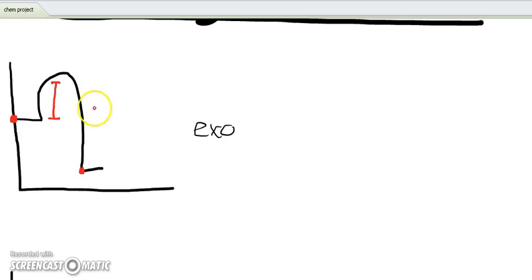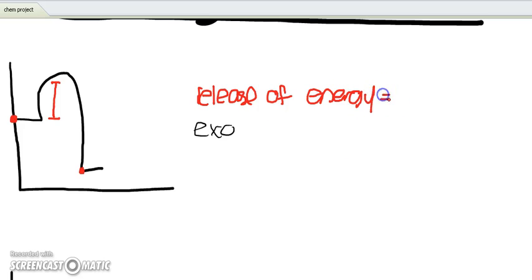Since this is a release of energy, it's going to be exothermic. So in an exothermic graph, the ending energy is always going to be below the starting.